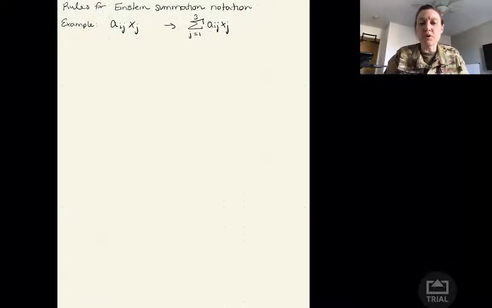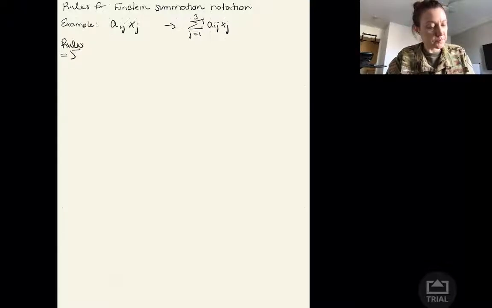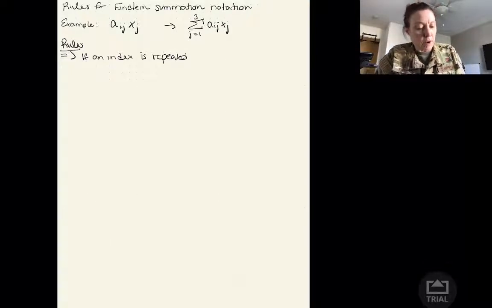So one of the major rules of Einstein's summation notation, and this is the overarching rule, is that if an index is repeated in a product, then summation is implied over the repeated index.